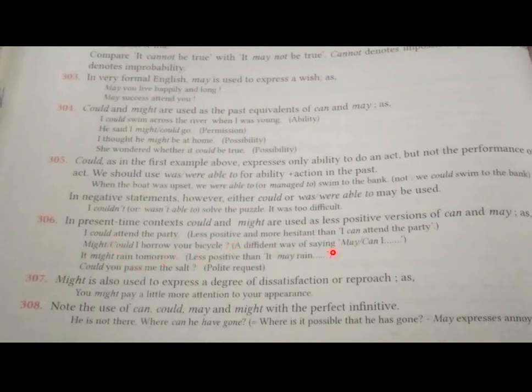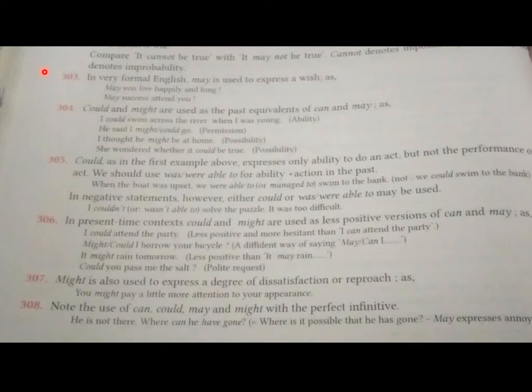A different way of saying may or can I borrow your bicycle? It might rain tomorrow. Less positive than it may rain tomorrow. Could you pass me the salt? It's a polite request. Please pass me the salt. Or could you please pass me the salt?